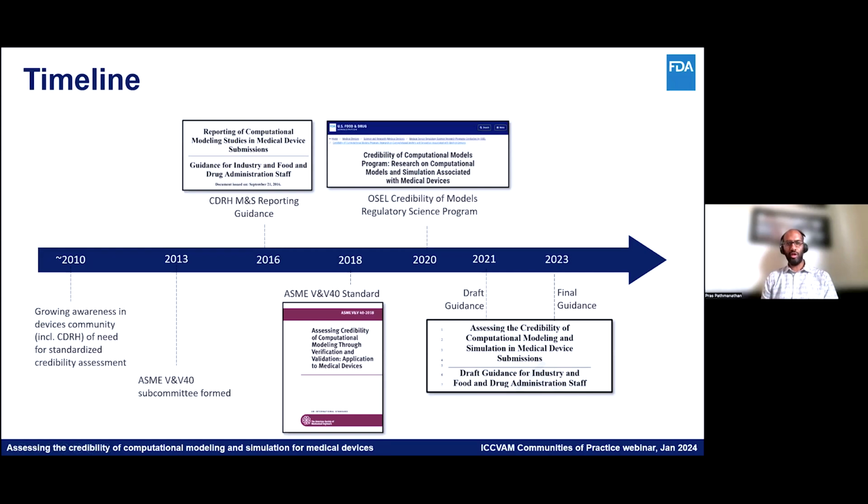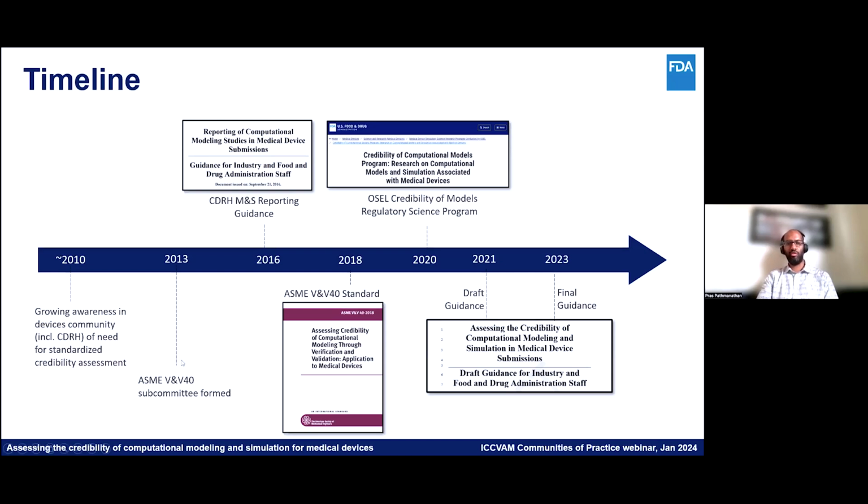So it's a timeline for how credibility assessment has grown in importance across the last 15 years or so. In the early part of the century, there was growing awareness within our community for the need for formalized credibility assessment.